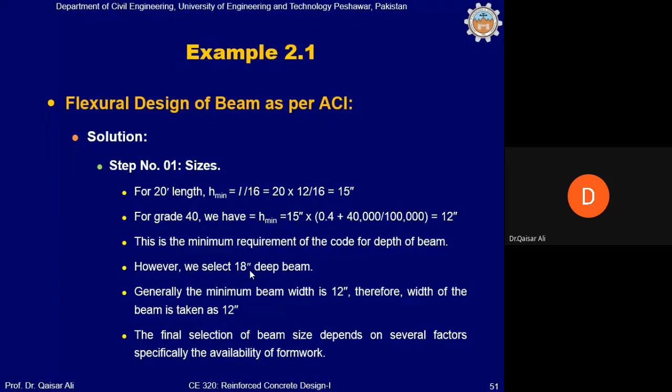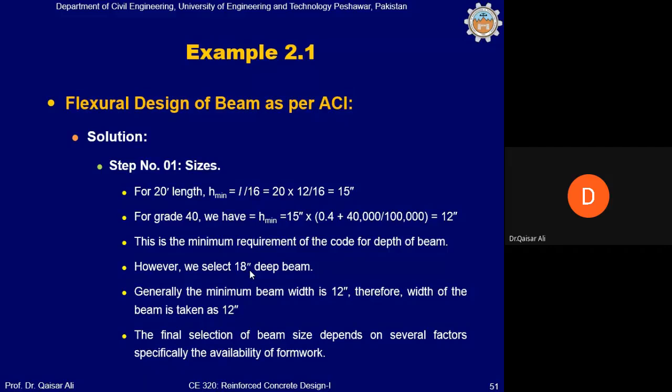However, it is also to be understood that a beam which is very deep will also have some problems or disadvantages.